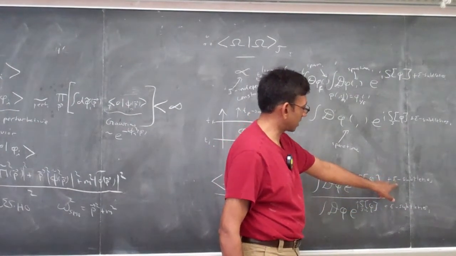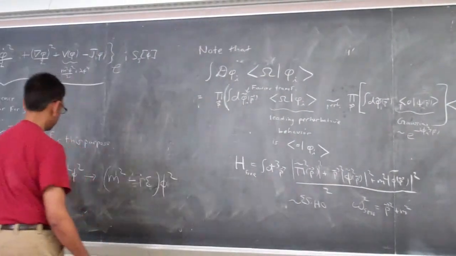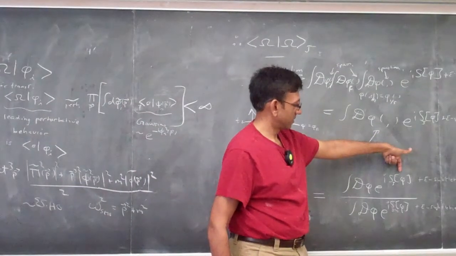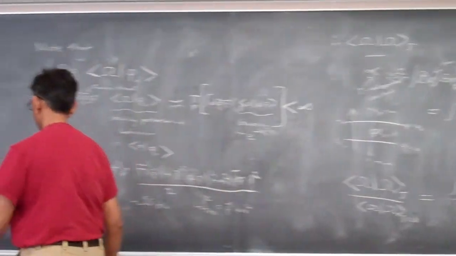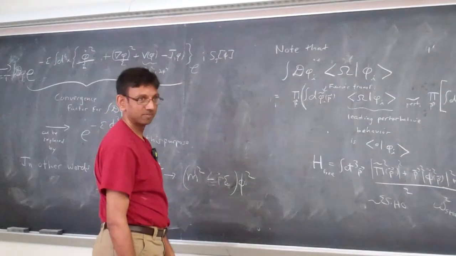And these epsilon subtleties can be summarized by saying, wherever you saw m squared phi squared in here, replace it with m squared phi squared but with an extra minus i epsilon.